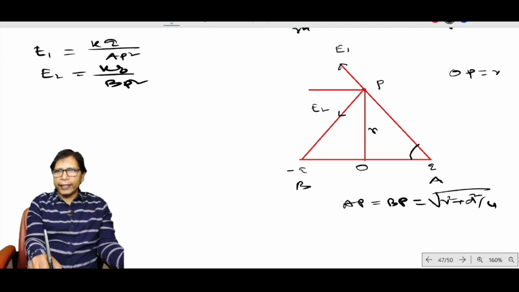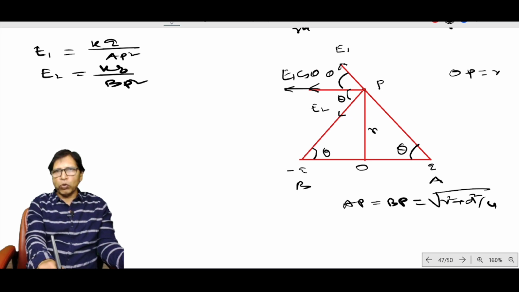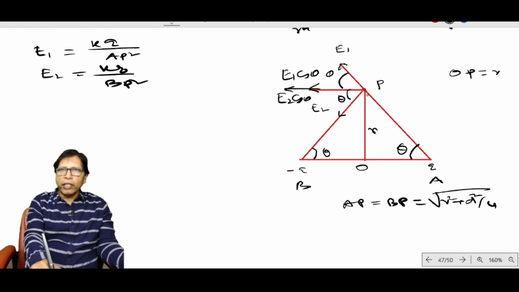If this angle is theta, then this angle is also theta. The component of E1 along this direction is E1 cos theta, and the component of E2 along this direction is E2 cos theta. The other components, E2 sin theta and E1 sin theta, cancel each other.